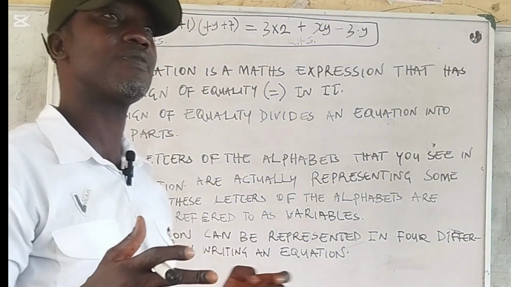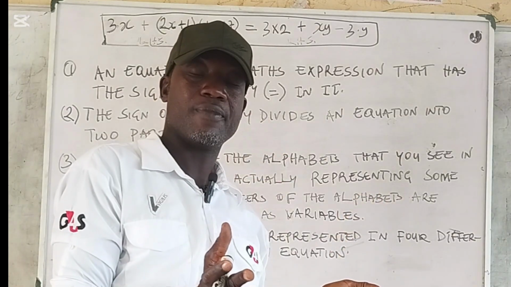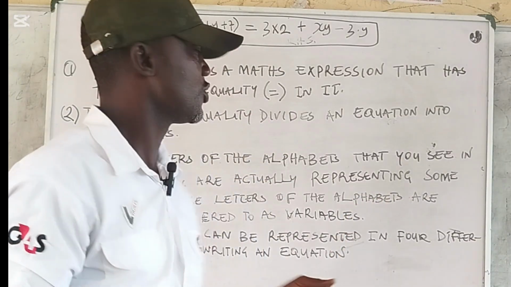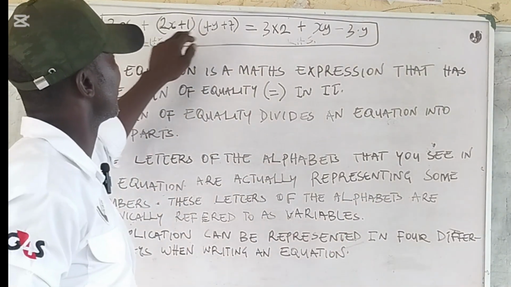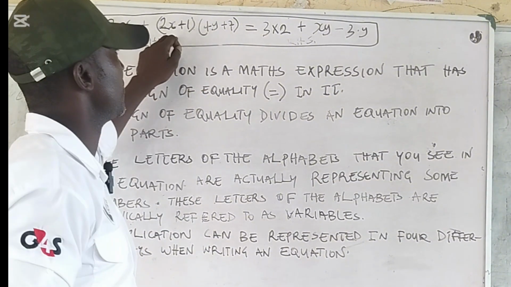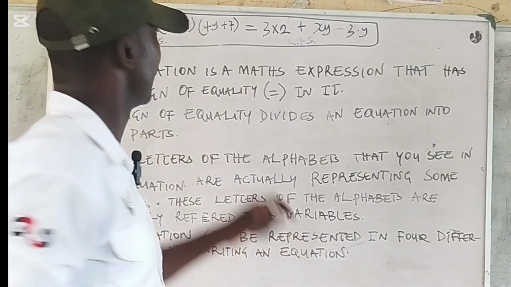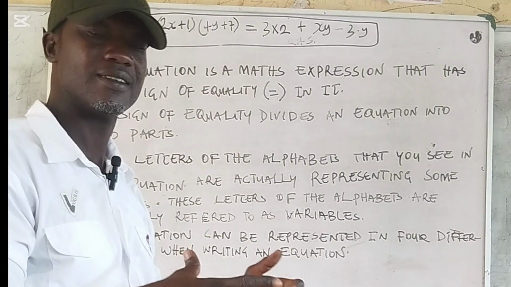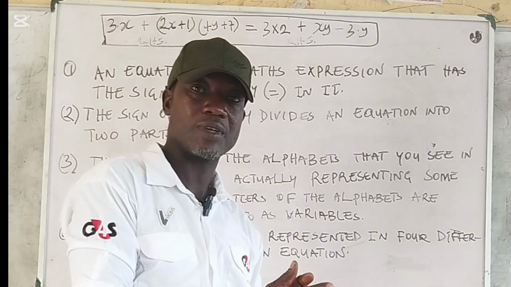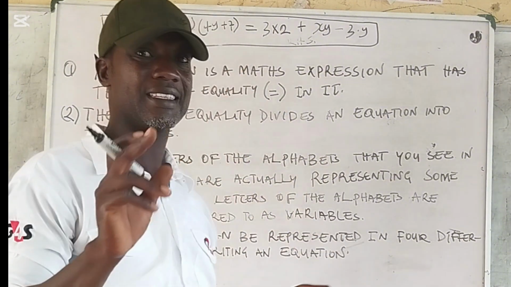So when you have 2 mathematical entities in brackets next to each other, just know that they are multiplying each other. That is one of the ways to represent multiplication. So that is the second way. The first way is to write the multiplying terms together. The second one is to use the brackets.